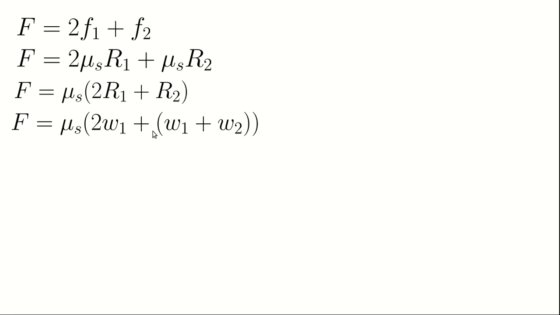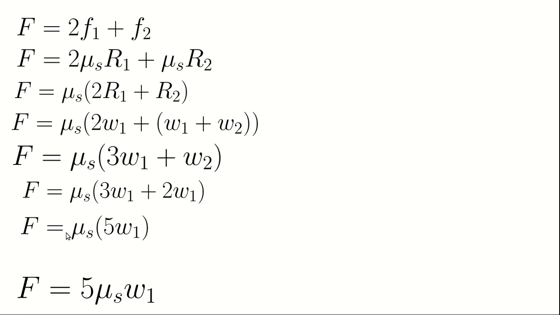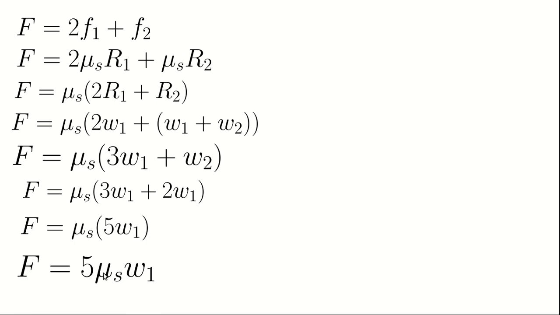So we can combine these two, and that gives us mu s (3W1 plus W2). From this point, we also notice that W2 is twice the weight of the smaller block, so that gives us 2W1. And if you combine this and this, you have 5W1. If we rearrange, we have F equal to 5 mu s W1.